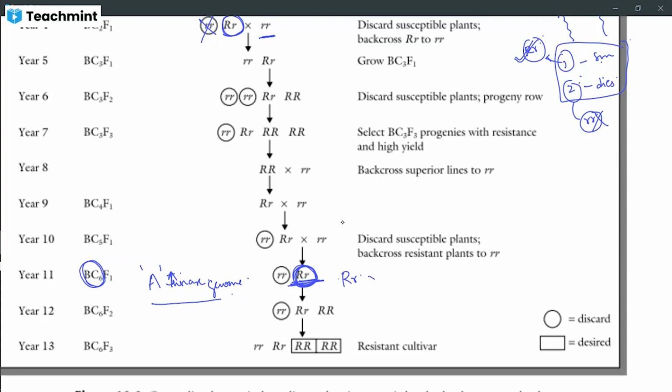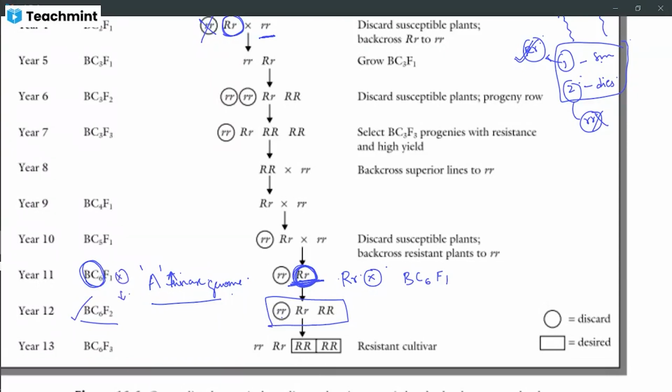So they wrote that BC6F1. If you self it, you will be able to get three different types of plants. We will be representing these plants as BC6F2 because we performed the selfing.